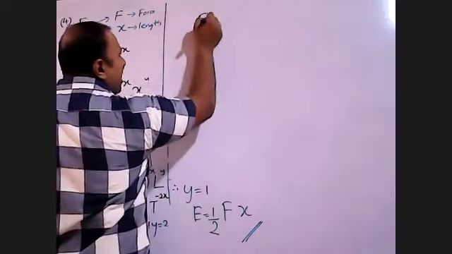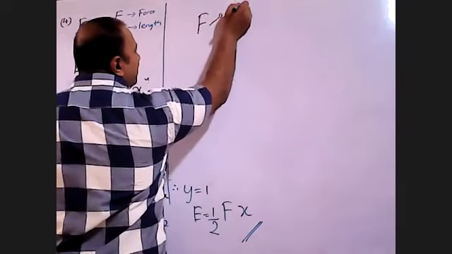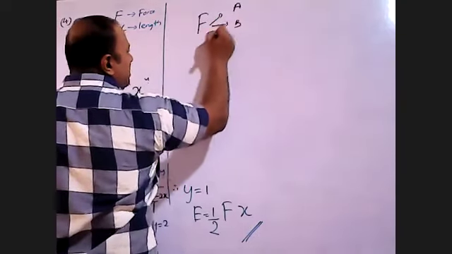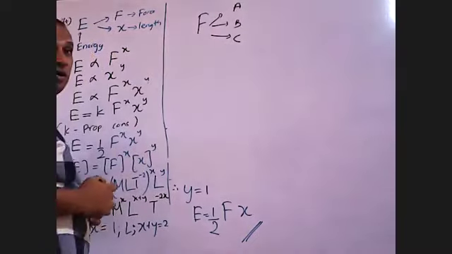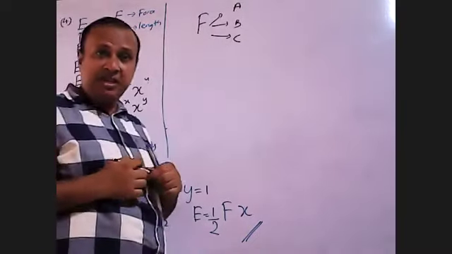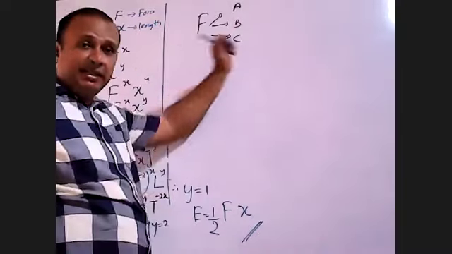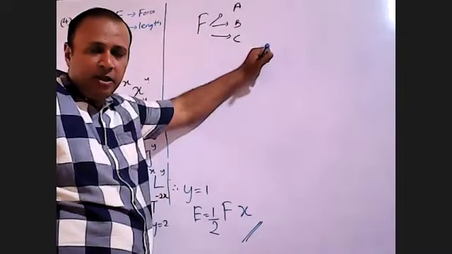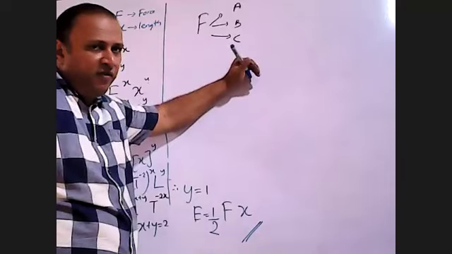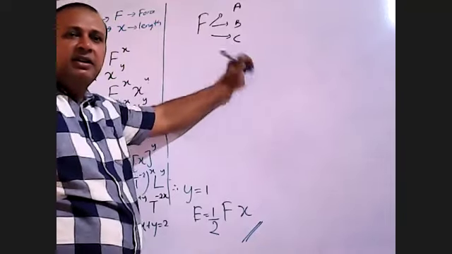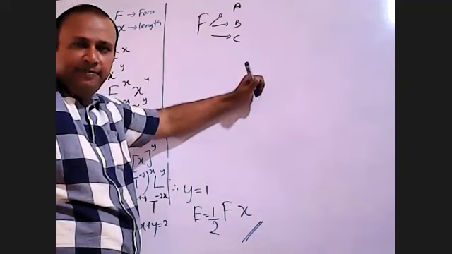And that means you can combine maximum up to 3 physical quantities with another physical quantity.